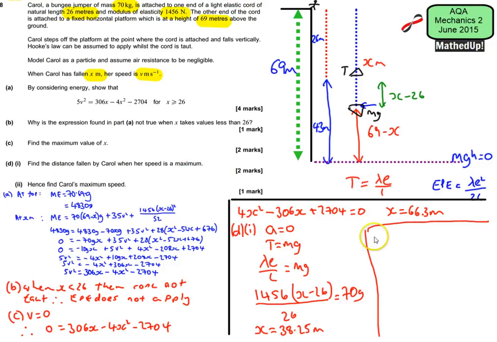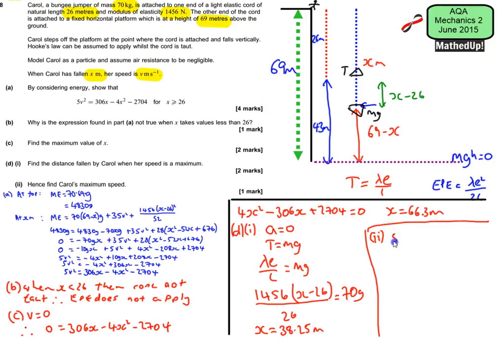For part 2, we need to work out what Carol's maximum speed actually is. We've got this equation here that will tell us the speed if we plug in the x value, and we know our x is 38.25, so I can just stick that into here.